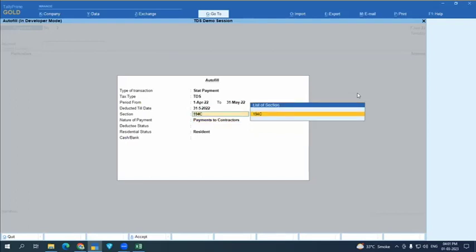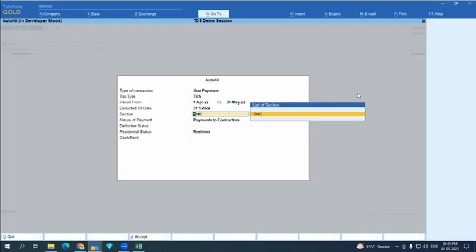Suppose payment is done for 194C, 194J or 194H, whatever, but there is now portability for all deductees. You can adjust any payment against any section. Previously, before 2-3 years ago, it was not possible. You had to make payment for 194C separately, 194J separately, and you could not adjust this Challan against different sections. Okay, so now it is possible.